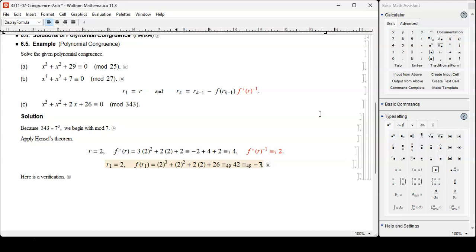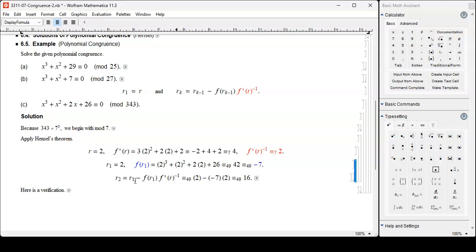Do you feel okay about this computation? It is 42 modulo 49, so reduce to -7 so that the next computation is slightly easier. This computation will go right here in the next step. Let's find r2. r2 is going to come from r1 minus f of r1 times the inverse, highlighted in red.